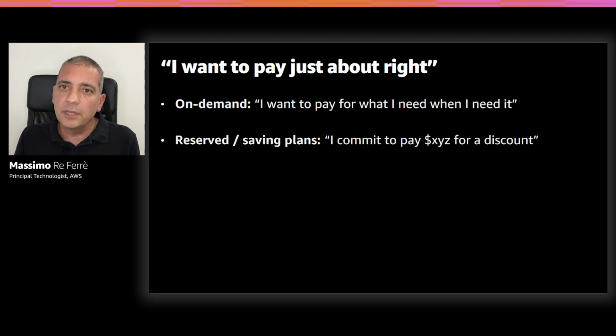Basically, the difference here is that you know upfront that you're going to use some amount of capacity on the AWS cloud. So what you do here is you commit to pay a minimum amount of money in return for a discount. So if you commit to use a certain amount of money, we give you in return a discount.